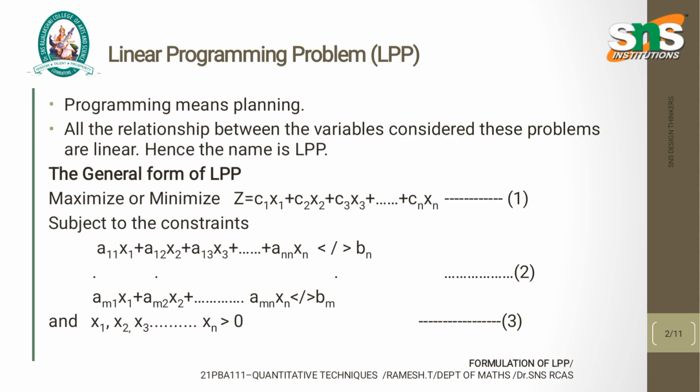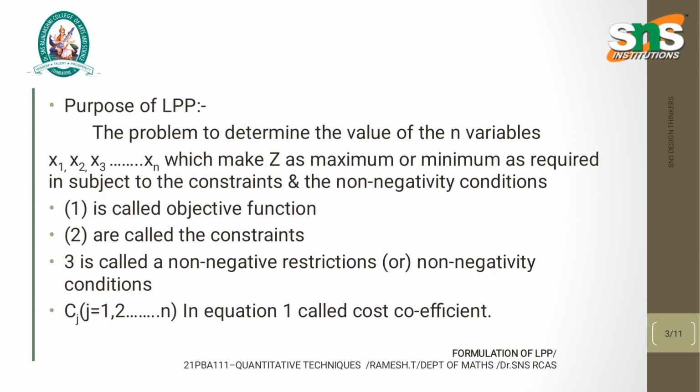Similarly, we have an1x1 plus an2x2 plus etc. plus anmxn either less than or equal to or greater than or equal to bn. These are all called constraints. Finally, all the decision variables x1, x2, etc., xn are non-negative. So this is the general form of linear programming problem.